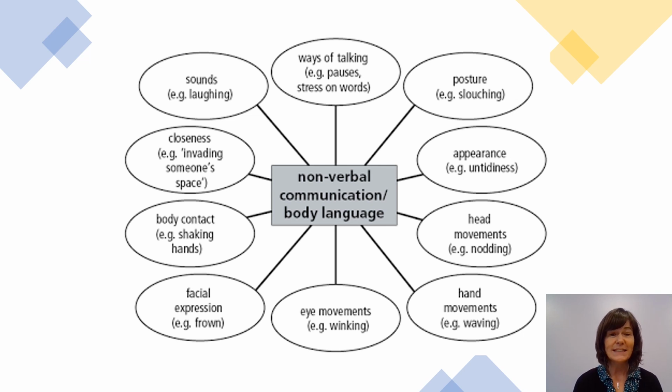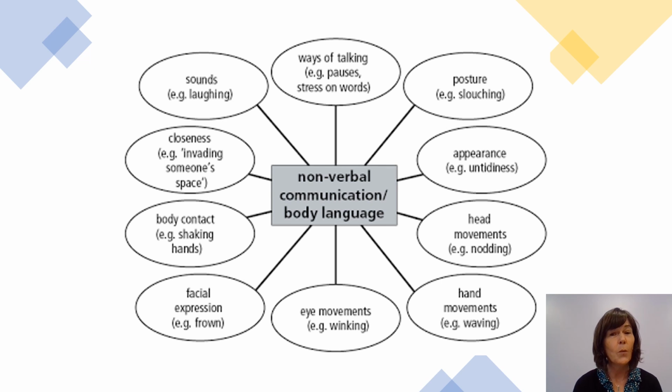So thinking about sounds, how many times do we make these kind of sounds? We've got laughing. You know, we've got so many different sounds that we use, and if a child doesn't understand what the intention is from these sounds, they're just not going to understand the meaning.